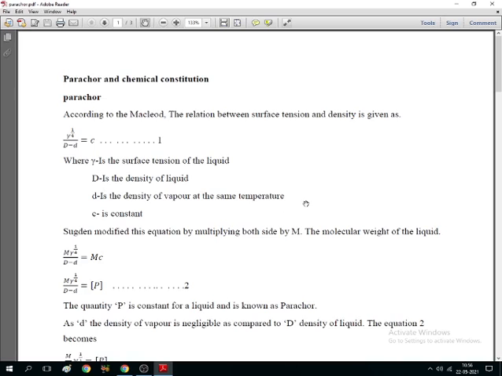That means the vapor which is in contact or in equilibrium with the liquid of density capital D. That is, small d is the density of vapor in contact with the liquid at the same temperature, where C is the constant.